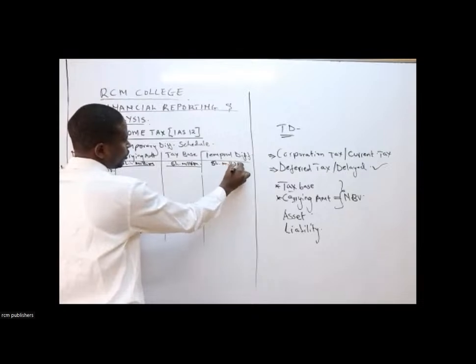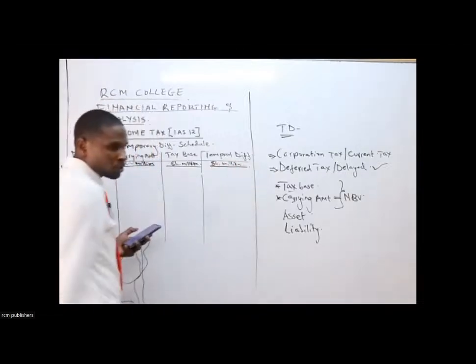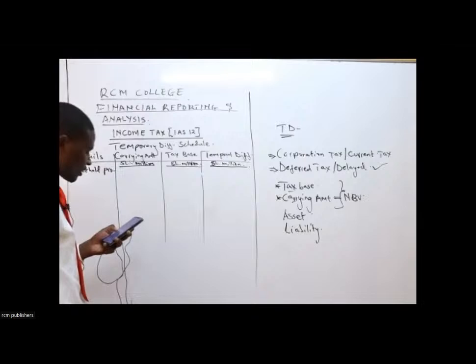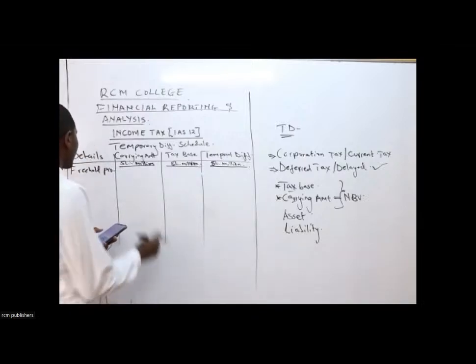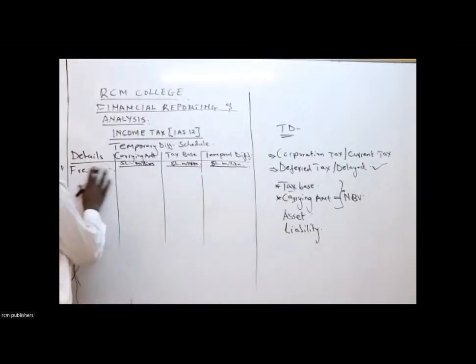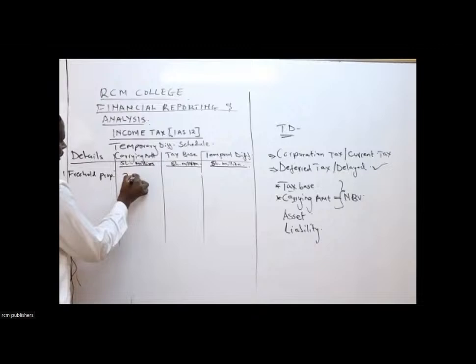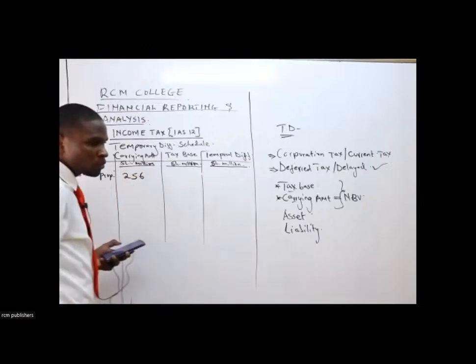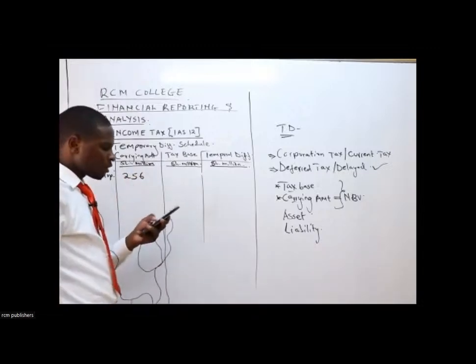It will be easier for me to tackle that. So if I look at the question, I can see that my freehold property carrying amount is 256 million. What about the tax base?